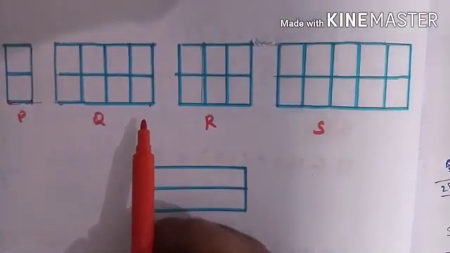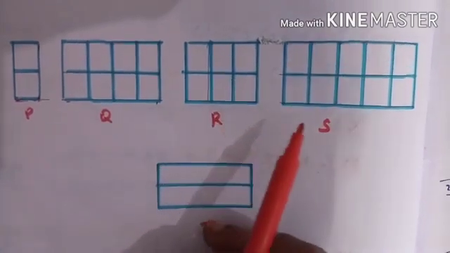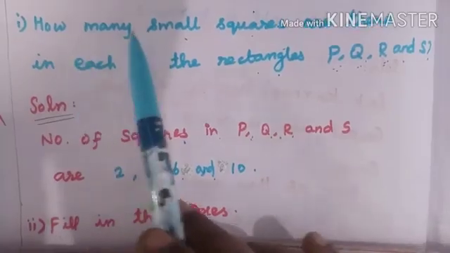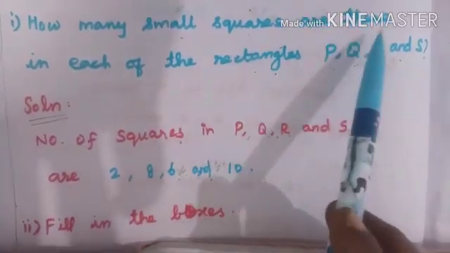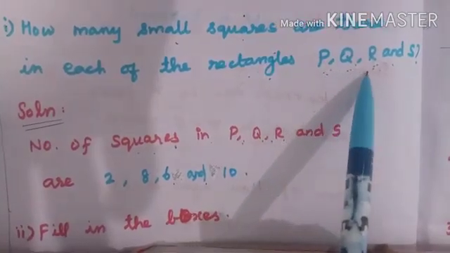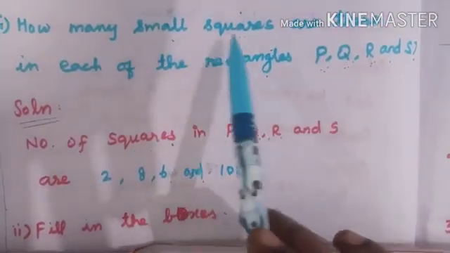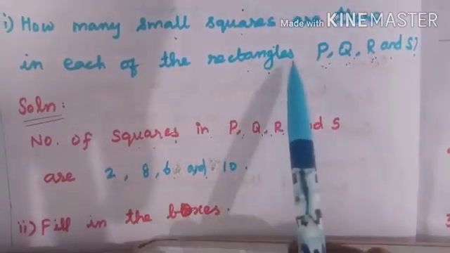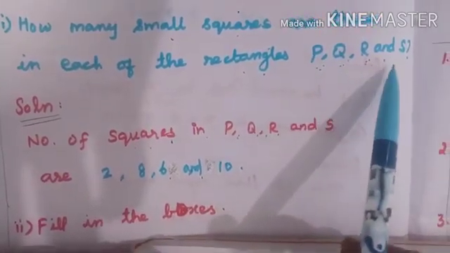Now we are going to find how many squares are there in the rectangle. First question: how many small squares are there in each of the rectangles P, Q, R and S?